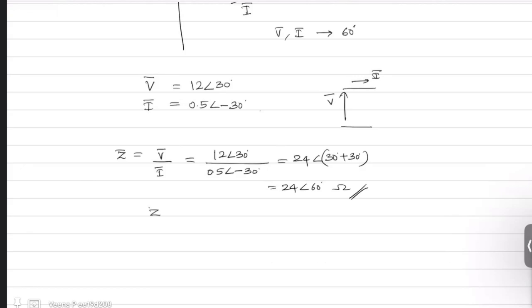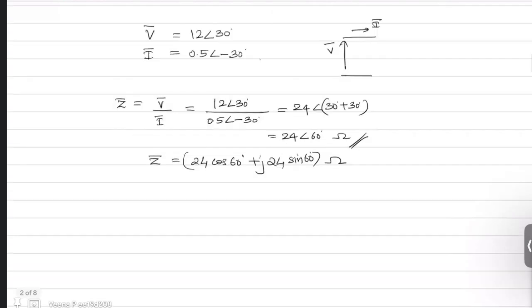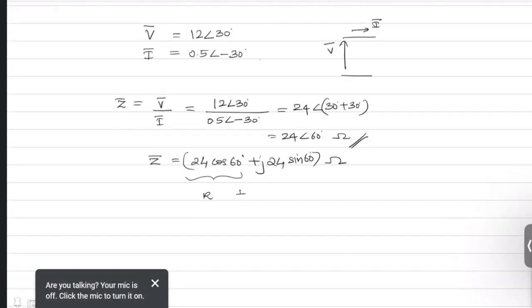That means you can break it down into 24 cos 60 plus j 24 sin 60 ohms. Now you know that the real part of your impedance is the resistance and the imaginary part is the reactance.